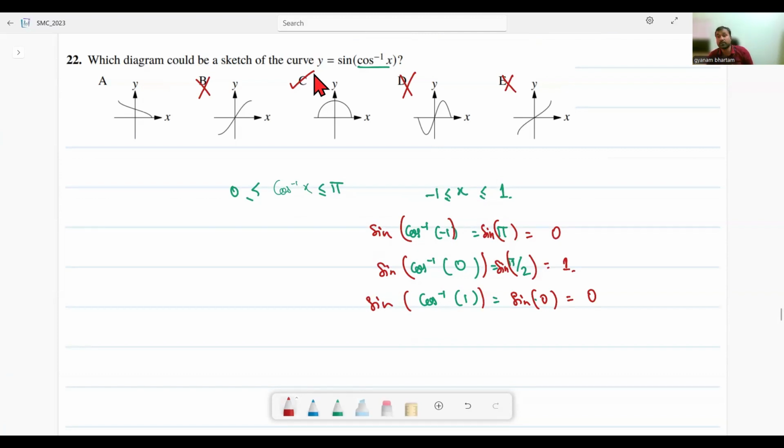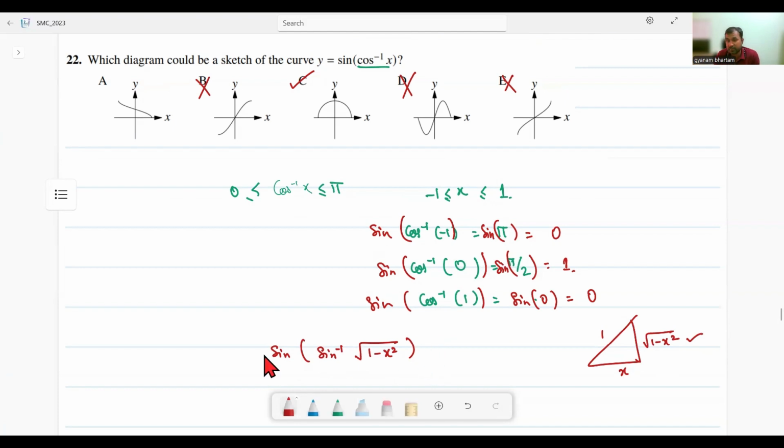Another way to solve this one, we can write sine of cos inverse x, which we can convert into root under 1 minus x square. Remember why: if this is x and this is 1, this is going to be root under 1 minus x square by the Pythagoras theorem. So sine cos inverse becomes root under 1 minus x square.